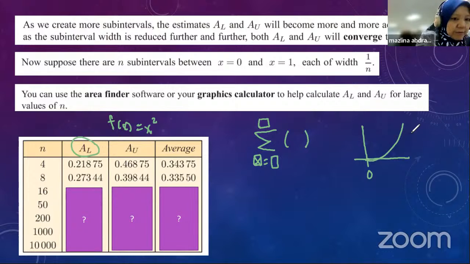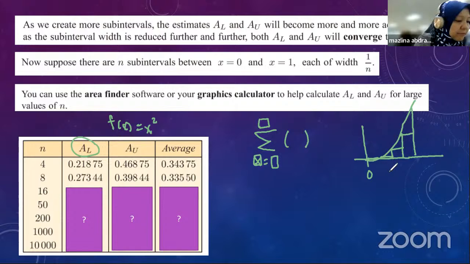So how this one? Our function is, if we think about our rectangle just now, kan? Okay, katakan kita ambil yang lower lower, so yang ini, and also this one, the lower parts.